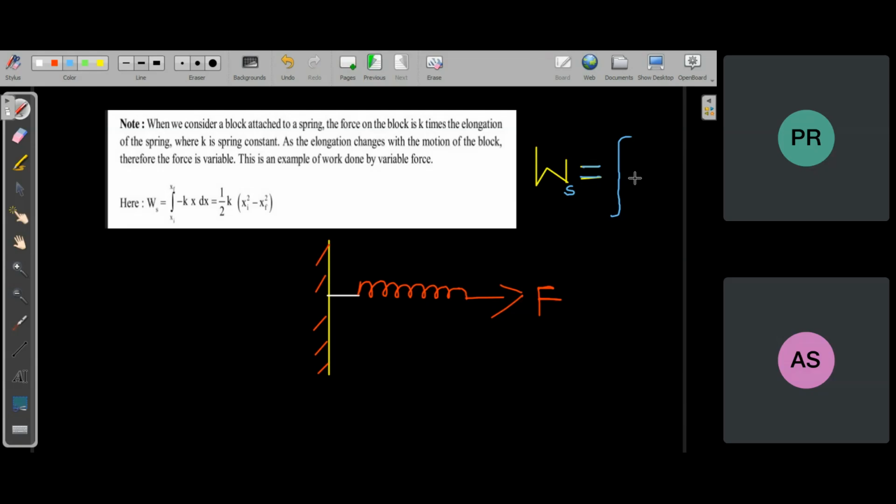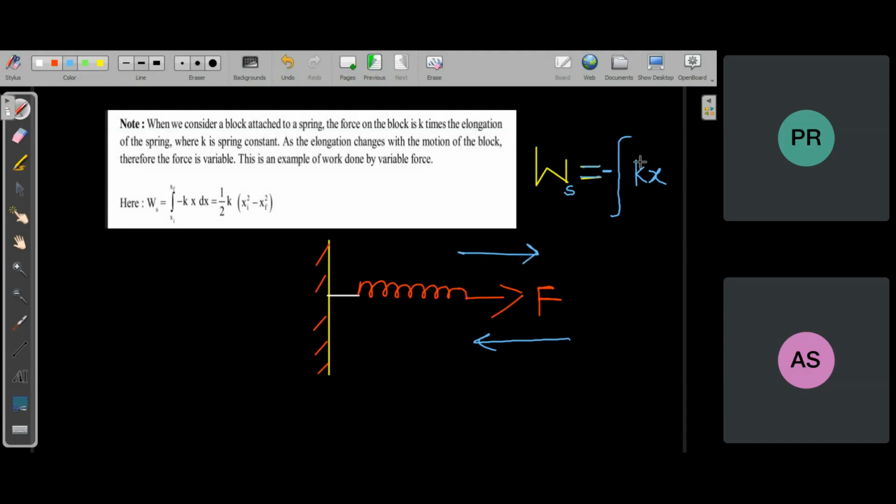Now you know a spring force will have magnitude kx, and it will act opposite to the direction of the displacement. So if the displacement is in this direction, of this end, then the spring force will be in this direction. Because they are in opposite directions, when we do the dot product, cos 180 will come.